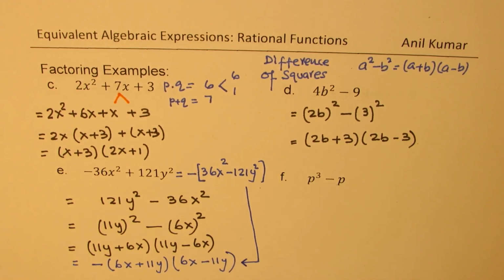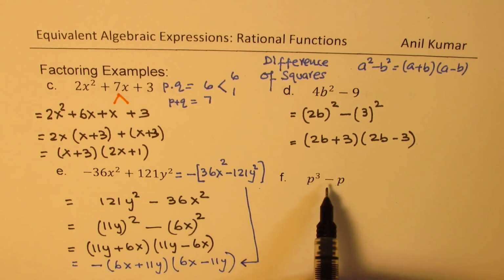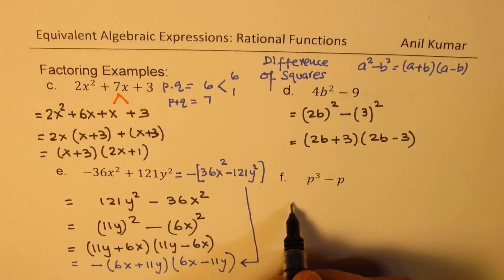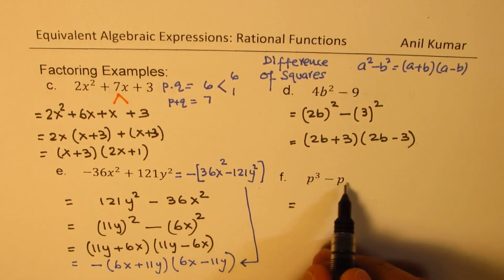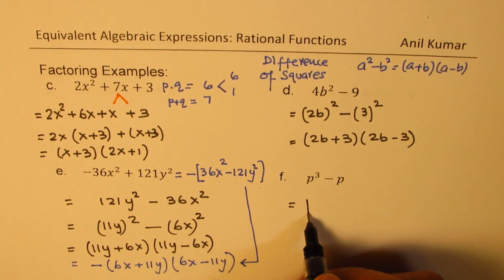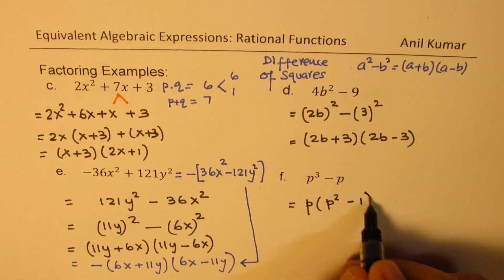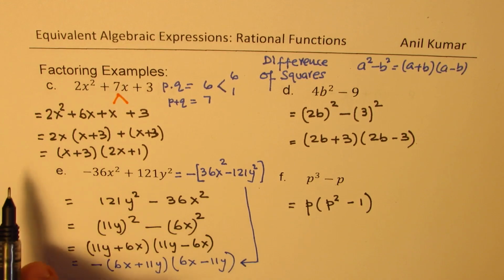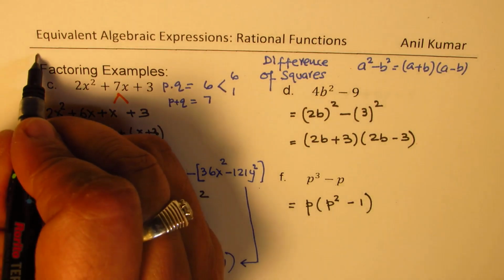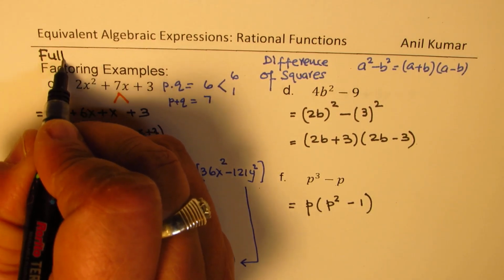Perfect. The next example here is p cubed minus p. Now it is tricky. The common factor is p, so factor this out. You get p squared minus 1. Whenever we say factoring, it is qualified with the words fully factored.